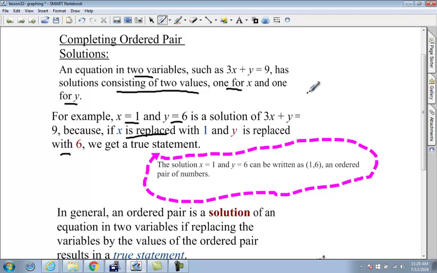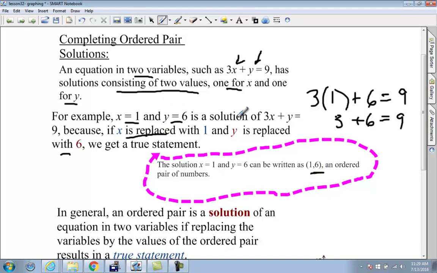Let's check it out. Is it true that 3 times 1 plus 6, so notice I'm putting something in for x and something in for y, and seeing if it satisfies the equation, equals 9? Well, yeah, 3 plus 6 does equal 9. So that checks out. So in other words, the ordered pair (1, 6) satisfies that equation.